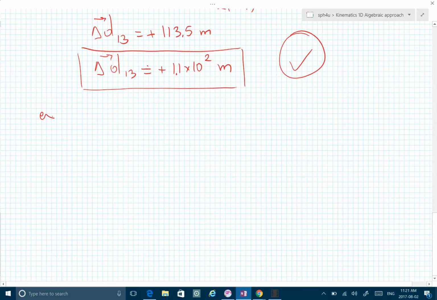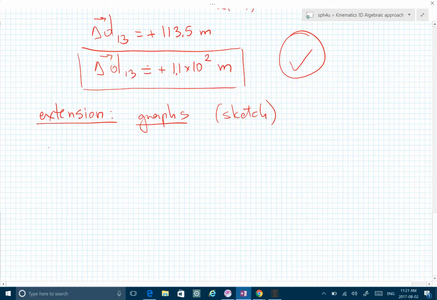I'm just going to do an extension here. And the extension is graph. I'm just going to sketch all the graphs, right? So I'm going to sketch them. So the position time graph, the first 1 second is moving at uniform motion.